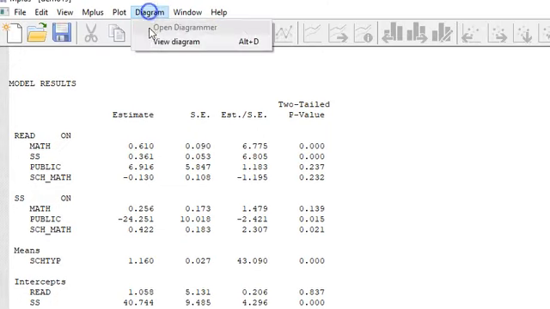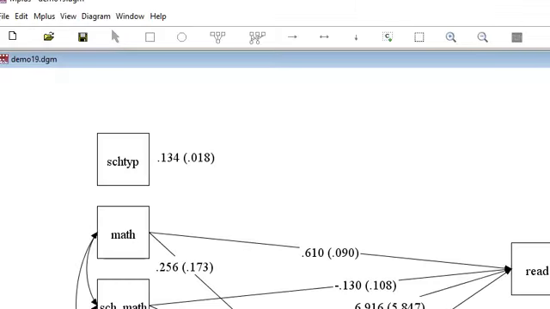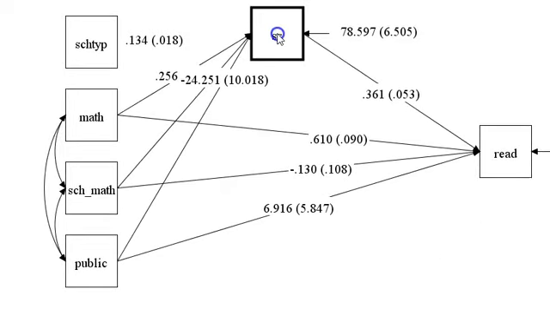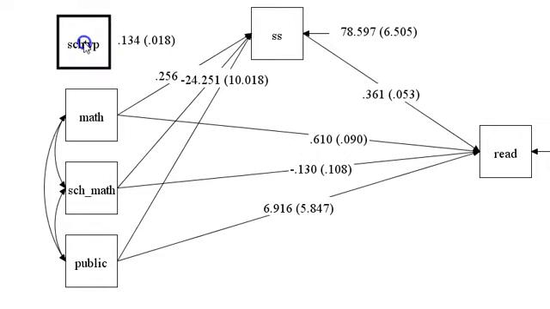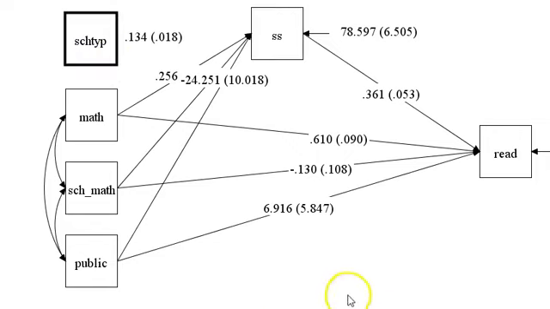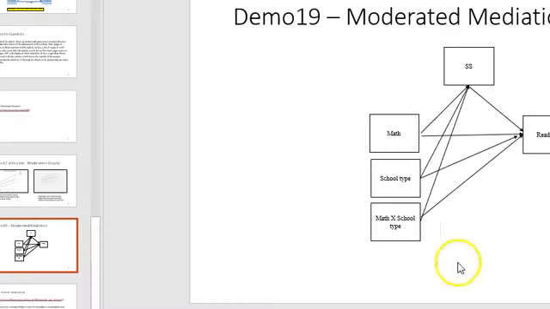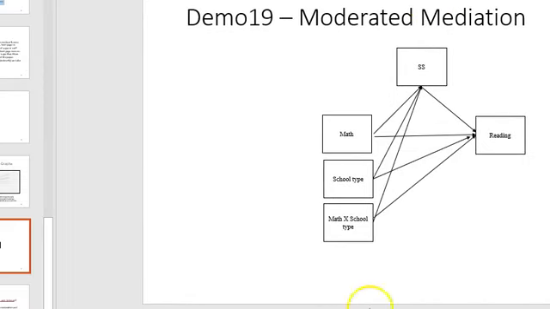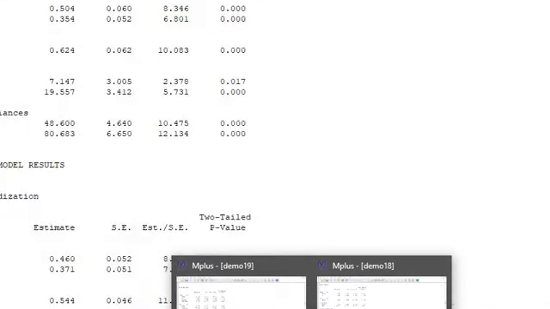Let me go ahead and look at the diagram, because I think that's very useful. And I don't know if you have seen this. School type is in there. It does calculate its variance, and so it will be in the diagram. But here, this basically looks very similar to this model for demo 19, only the one from Mplus.